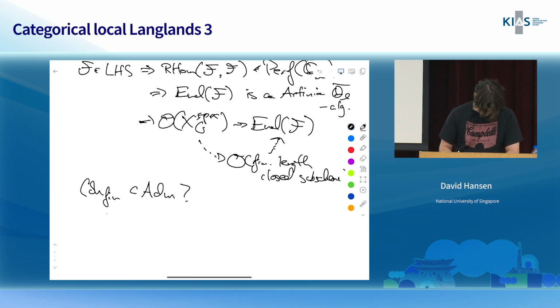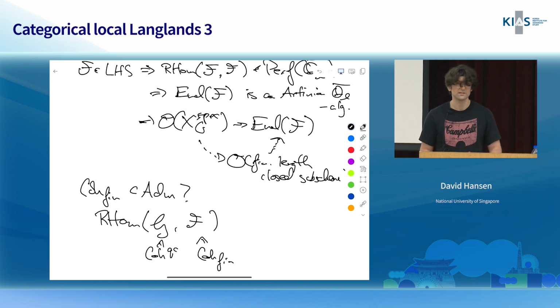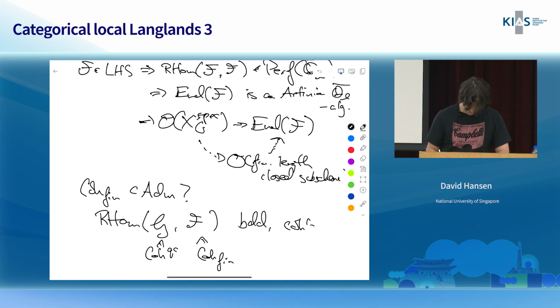And so now you have to compute RHom from some G to F. So this is just a random thing in co-QC. And this is a random thing in co-Par G fin. Well, what do you know about this? We know by the hard work we did already that they're both in co-QC, so it's bounded, right? And its cohomologies are finitely generated.